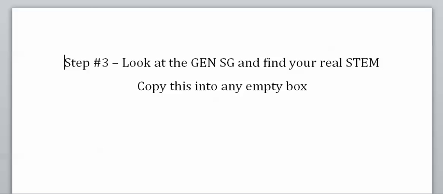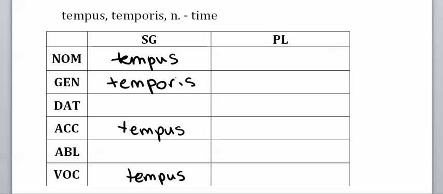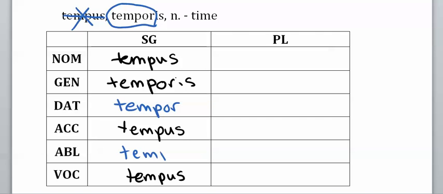In step 3, we look at the genitive singular again. It's so useful. And we find the real stem for this word, and we copy it into any empty box. The genitive singular tells us the truth about the stem. Ignore the nominative singular. It's a liar. It's not trustworthy. It'll lead you astray. The true stem is tempor, T-E-M-P-O-R.